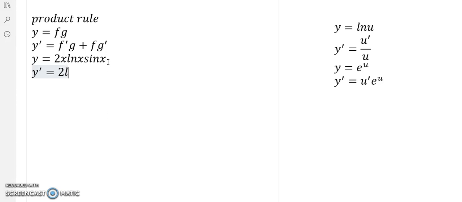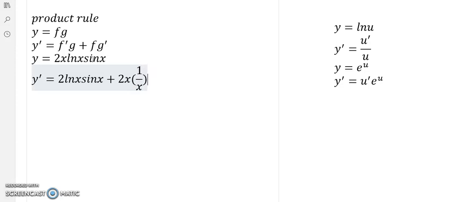Then keeping this constant and sin x, plus this time around we're gonna derivate ln x. Then we will keep 2x and sin x constant. Then we will have 2x. The derivative of ln x is 1 over x.